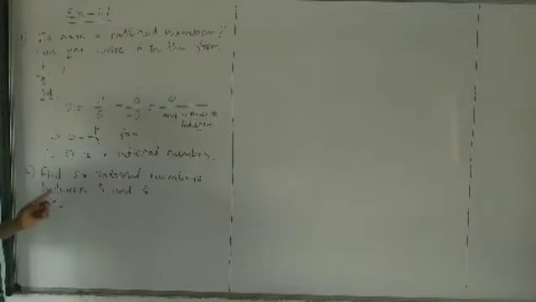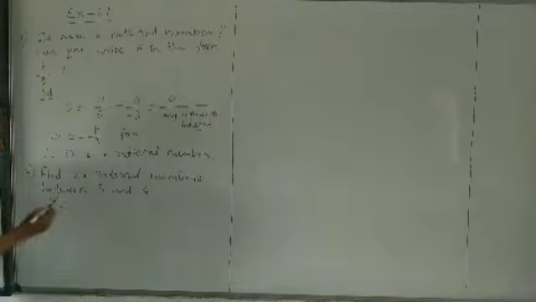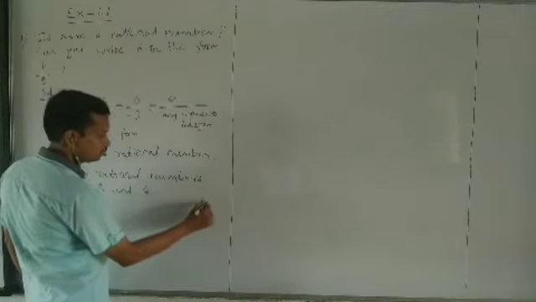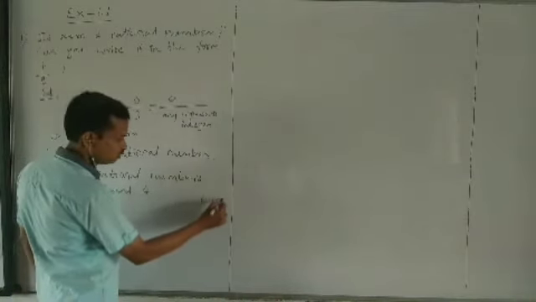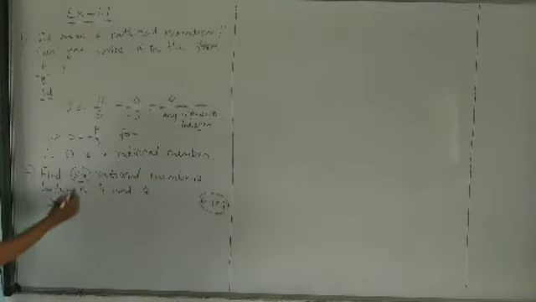Now coming to question number 2. Find 6 rational numbers between 3 and 4. So how many are they asking? 6 rational numbers. So you take 6 plus 1, which is 7. Now in the solution, the first number is 3.